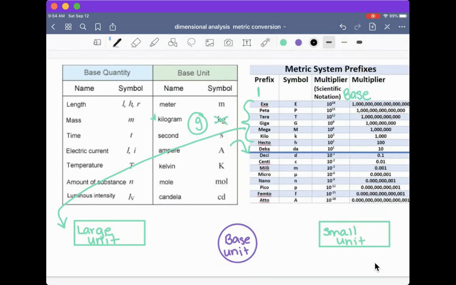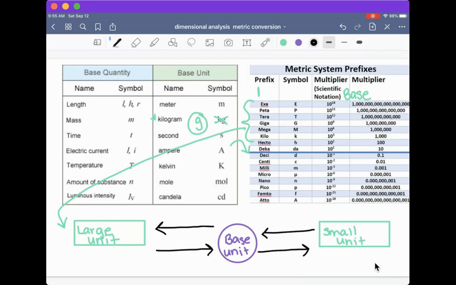Just like a road map, there's a specific direction that we go when we're going from unit to unit. I can always go from a large unit into a base unit, and I can go from a base unit back to a large unit. For a small unit, again, I can go from small unit into a base unit, or I can go from the base unit into a smaller unit. So you can see we've got a very specific roadmap.